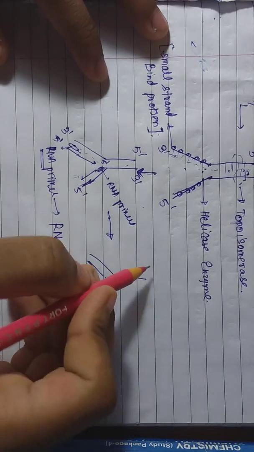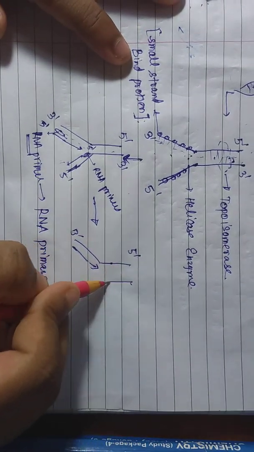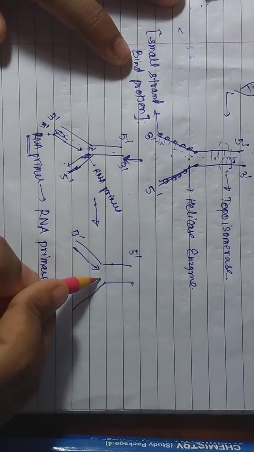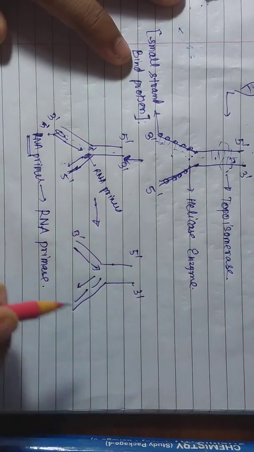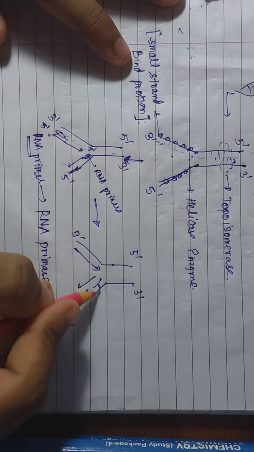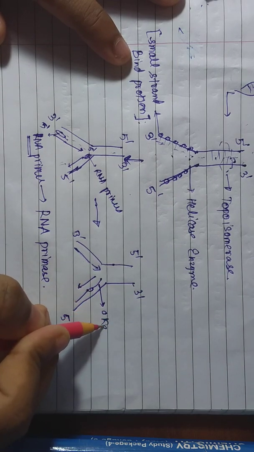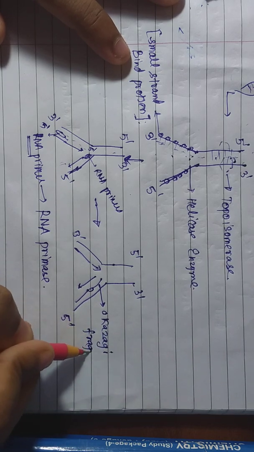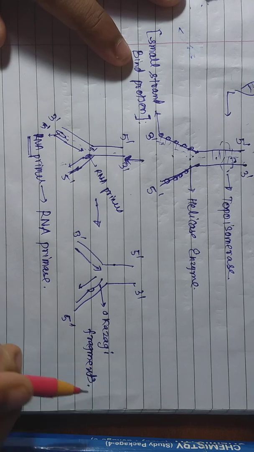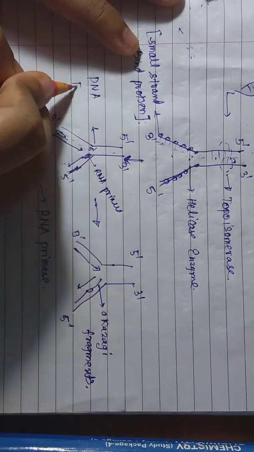This simply takes place in this direction, and the short segments are known as Okazaki fragments. These are short fragments, and here will be the RNA primer. So this is the template, the DNA template strand.